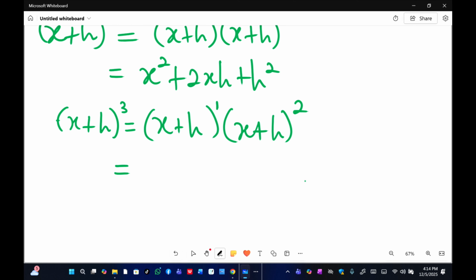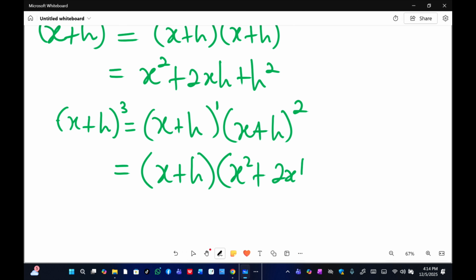So we know our x plus h all squared to be x squared plus 2xh plus h squared. So we are going to replace that part.